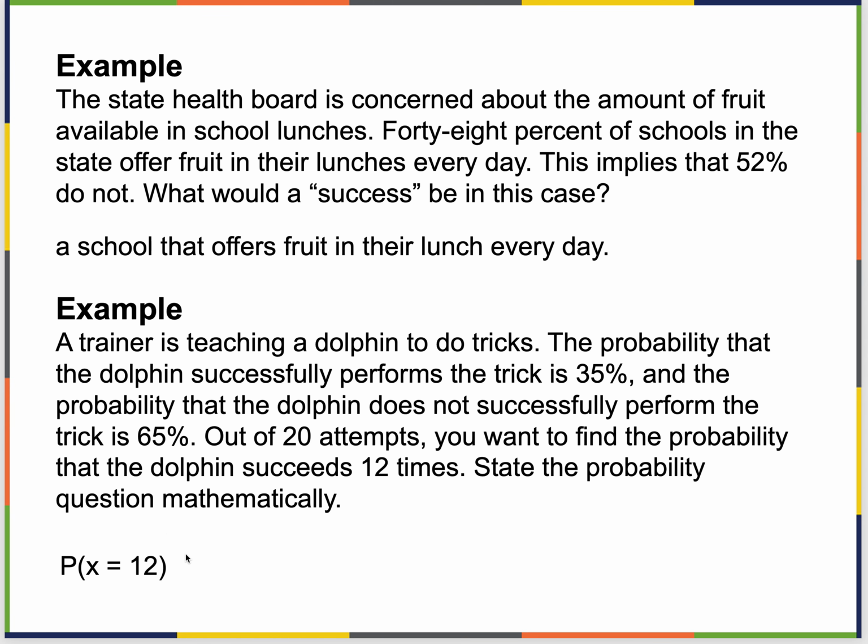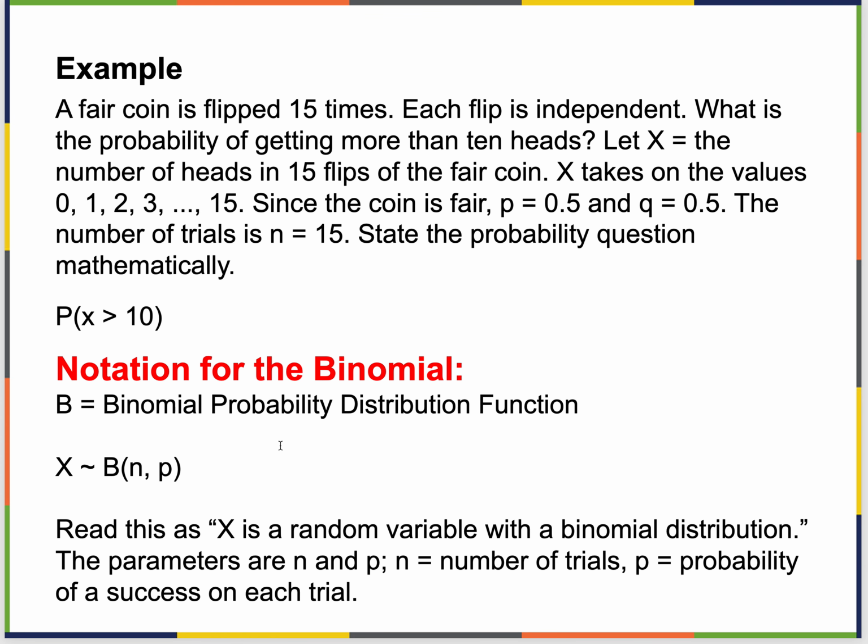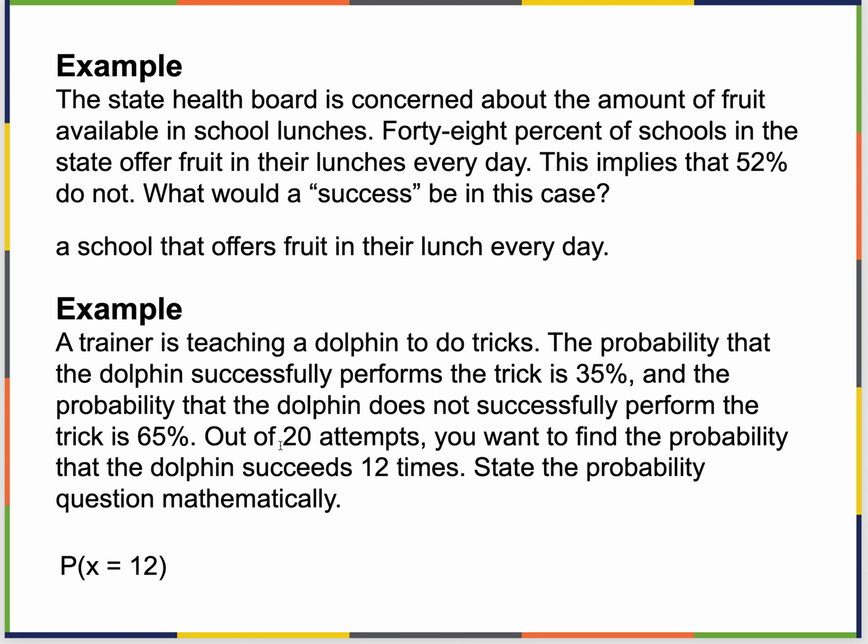Well, that's the probability that x equals 12. In both of these cases, maybe I'll do the dolphin problem. This seems a little bit more interesting. Out of 20 attempts, let's look at how I would get that answer. What's the probability of x equals 12?